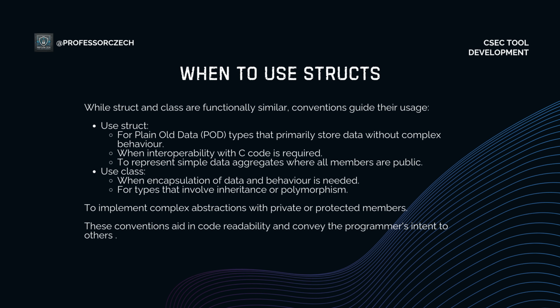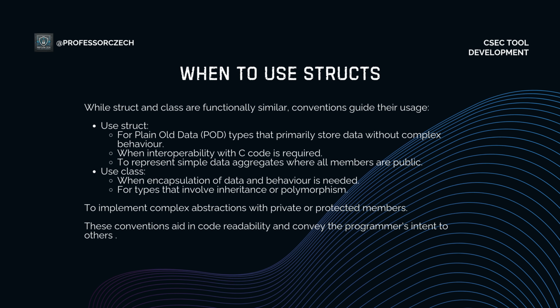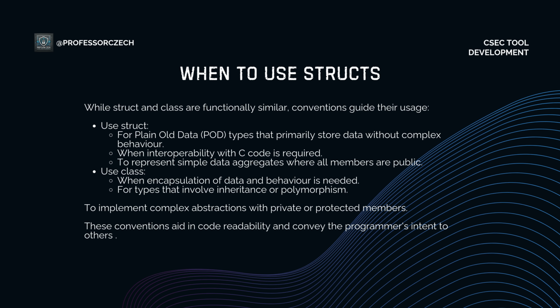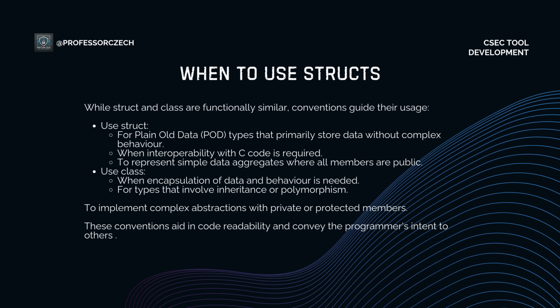So, when are we going to use structs or structures? Well, while a struct and a class are functionally similar, conventions guide their usage. You're going to use a struct for plain old data, POD, types that primarily store data without complex behavior, and when interoperability with C code is required, to represent simple data aggregates where all members are public.